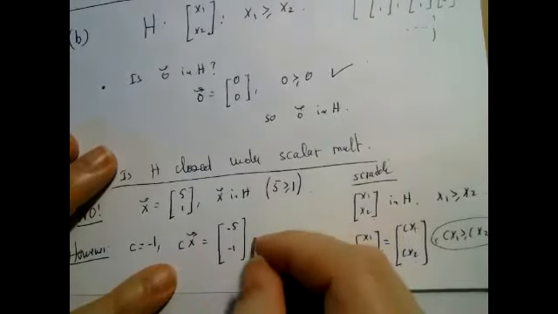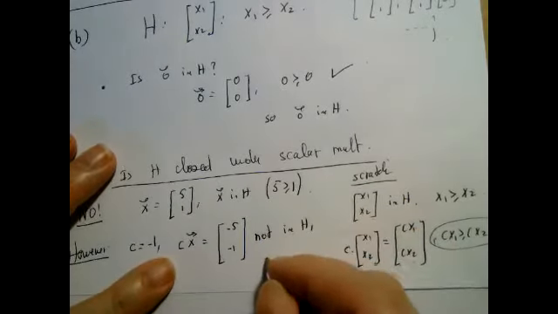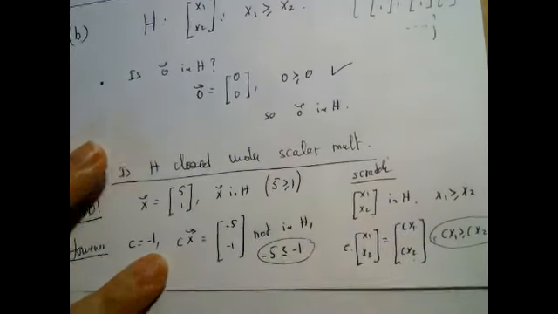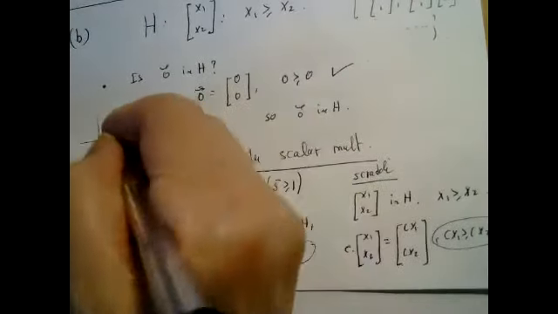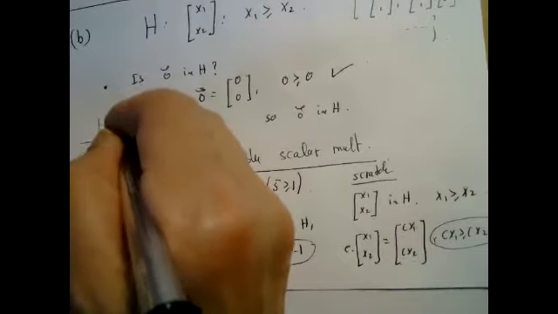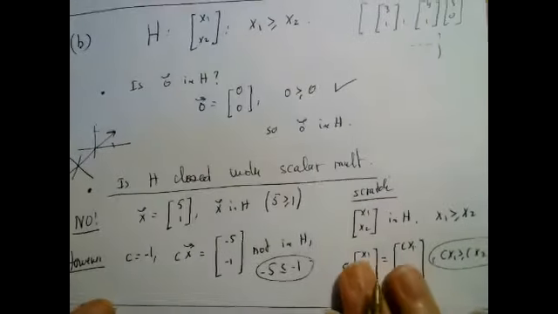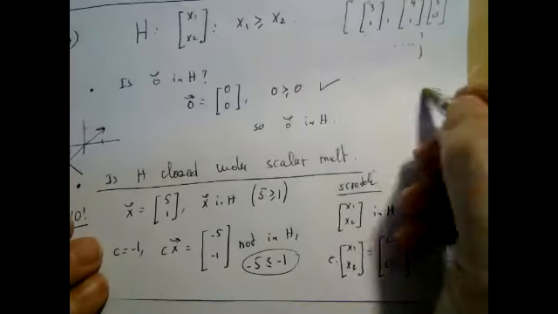Then this is not in H because -5 is less than -1. So you have a vector in H, (5, 1). It is in, but scaling it takes me outside. So that's not a subspace. I don't have to check addition anymore. I'm done because it's not closed. So H is not a subspace.